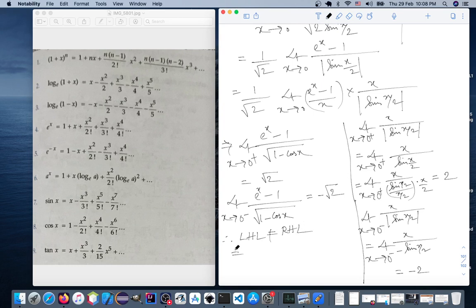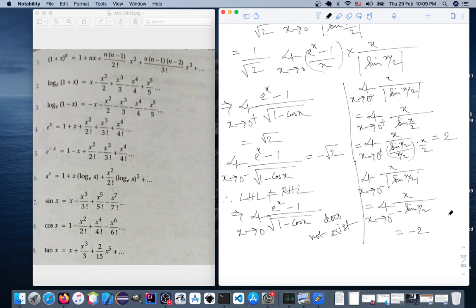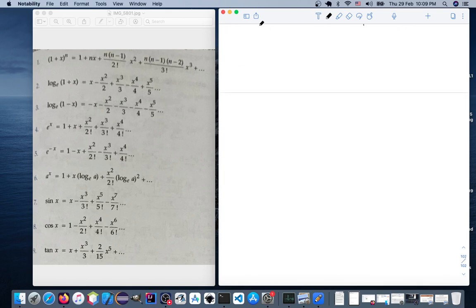This implies the limit x tending to 0 of e to the power x minus 1 over root 1 minus cos x does not exist. This was a little tricky problem, so you have to be very careful. Okay, let's see problem number 7, 8.